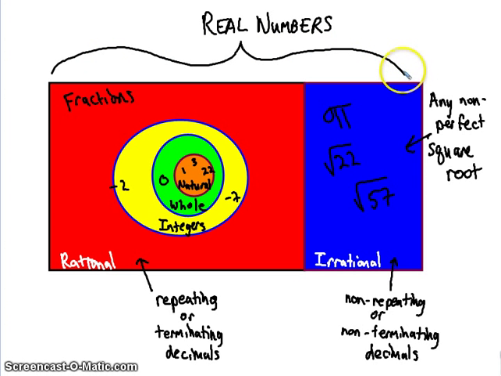That's the area of mathematics that all of these fall into. So what we just covered is squares, taking a number multiplied by itself, square roots, finding out what number multiplied by itself equals what's inside the radical, and the concept of irrational numbers and real numbers.